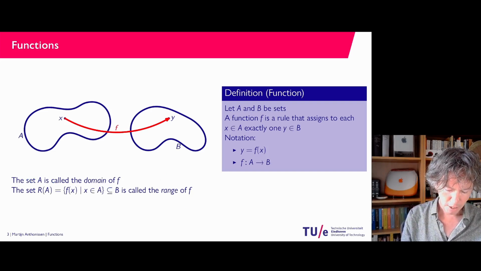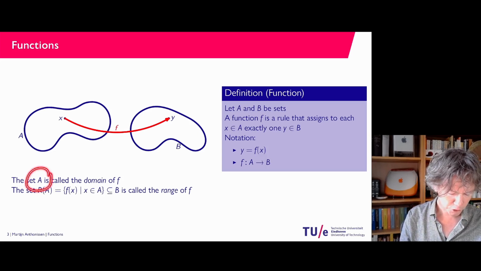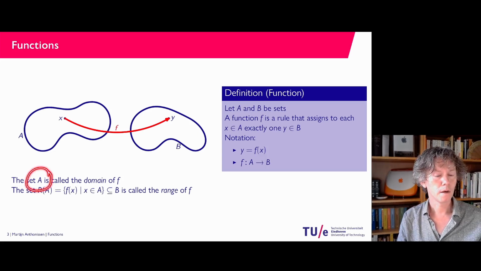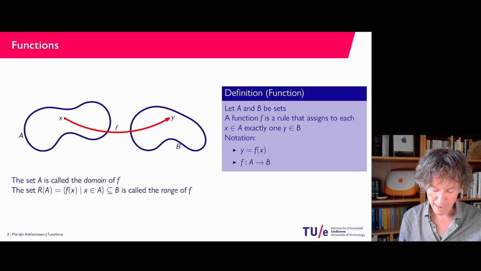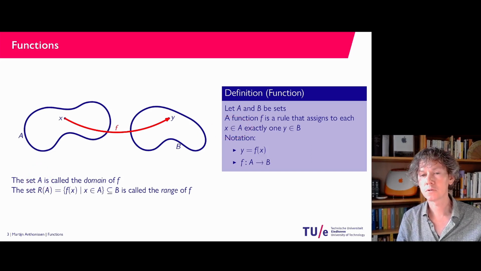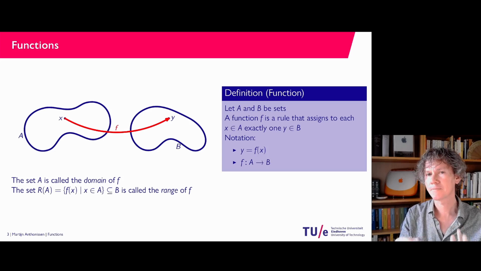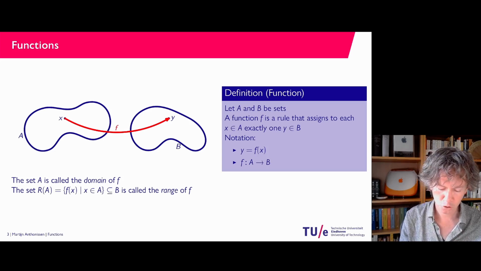So this set A, that consists basically of all the x values together, is called the domain of the function. And very often we will take that, when we work with numbers, as the largest collection that it makes sense to apply a function to.